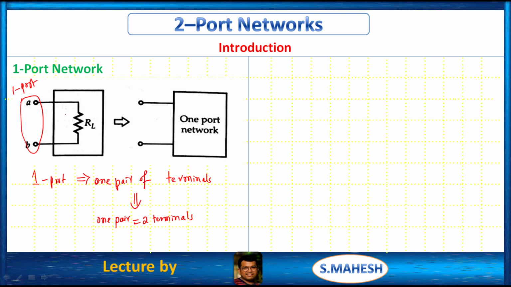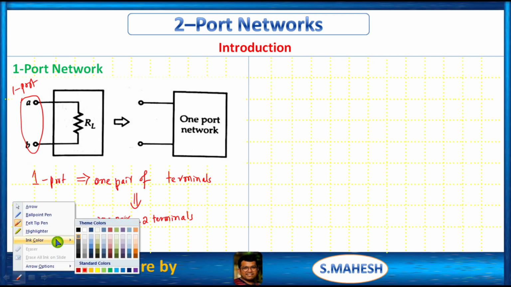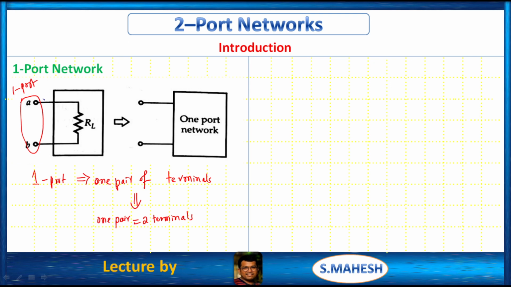The examples for one port are resistor, inductor, capacitor. The amount of current which is entering at one end of the port is the same amount of current leaving from the other end of the port. So this is the case of one port.